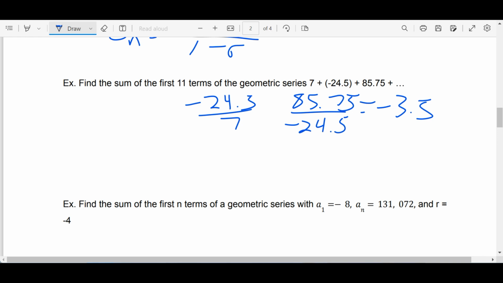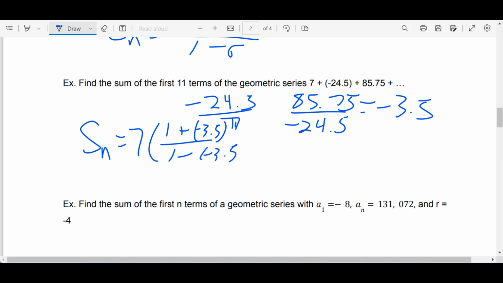So when I use the formula, I'm going to use the first one. S of n equals, what's the first? 7, parenthesis. Let me fix that, shall we? 7 times 1 minus negative 3.5 to the power of what? What's n? It's the 11th term, so I'm going to make 11, over 1 minus negative 3.5.